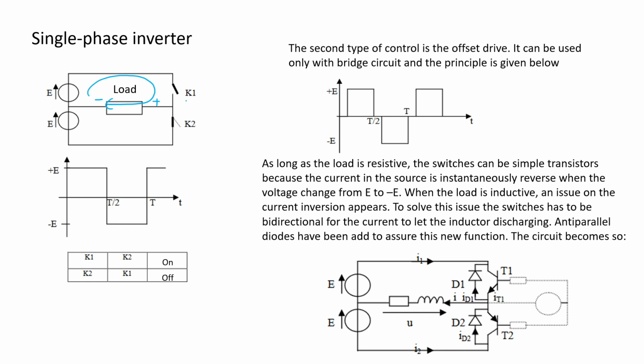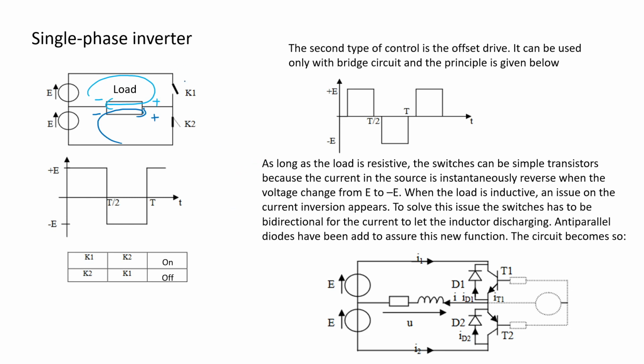And next, if you turn on K2 and turn off K1, then the current flows this way. Right? So it flows from minus to plus terminal. So you can see that current can flow in both directions on the load, which means AC, alternating current, right? This is the most simple inverter. Okay.